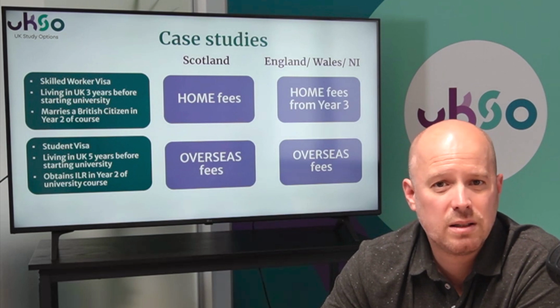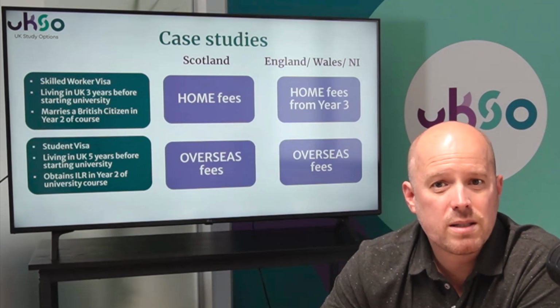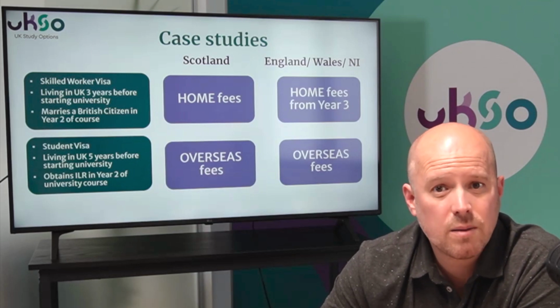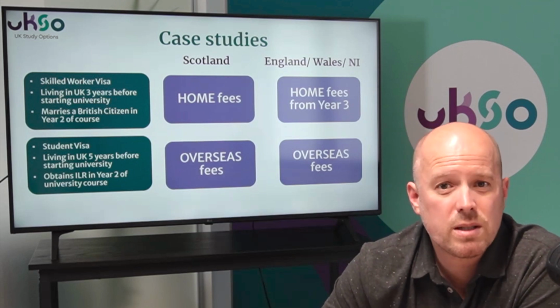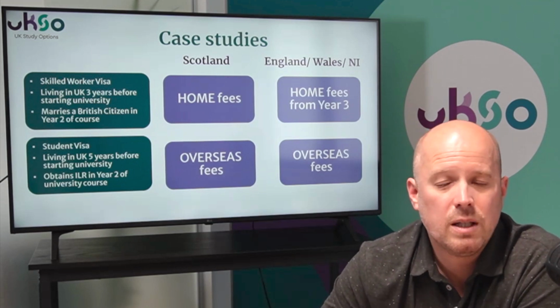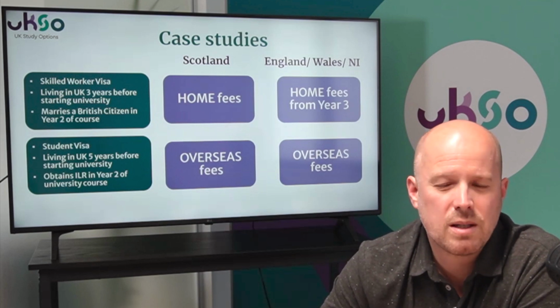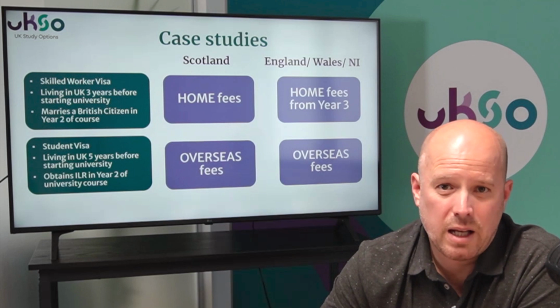So someone in the UK on a student visa, that implies that the only reason they're in the UK is to study because they need to get a student visa. There's no other reason, so they don't have any other type of leave to be in the UK. So we could assume that the main purpose is for study, and therefore they wouldn't be eligible for home fees.